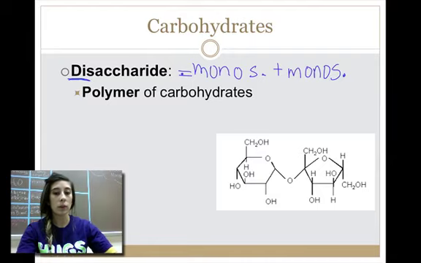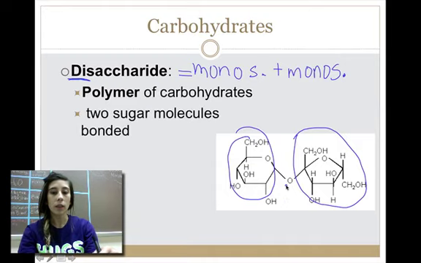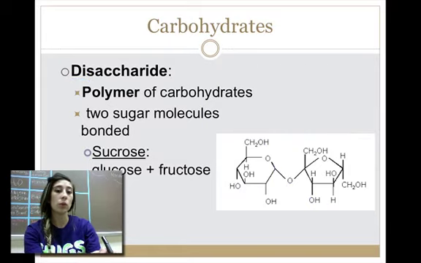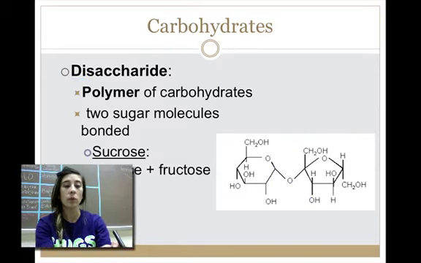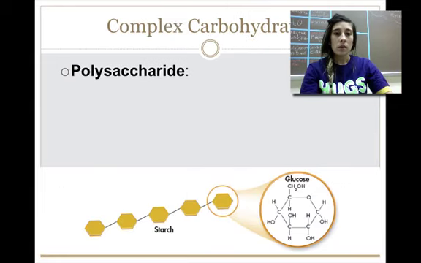So you can see here in this picture, it's a very fancy picture of a carbohydrate, but this is one right here, this is one right here, and they are joined in the middle by an oxygen. Okay, 2 sugars bonded together. An example of that would be sucrose, the sugar sucrose. You have glucose and fructose together. And then also maltose. 2 glucose molecules together would give you a maltose.